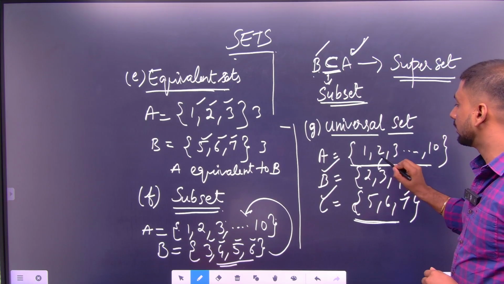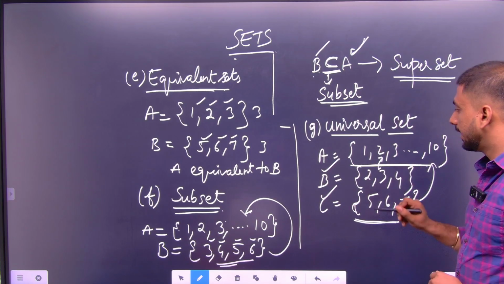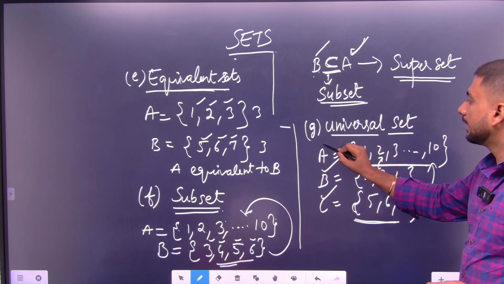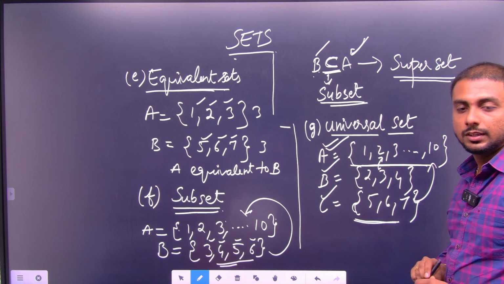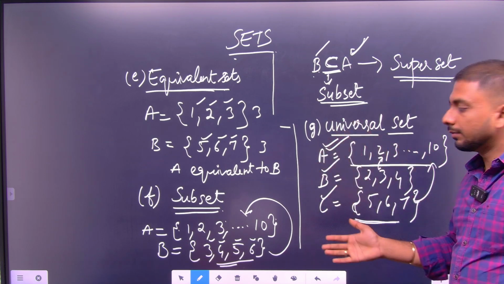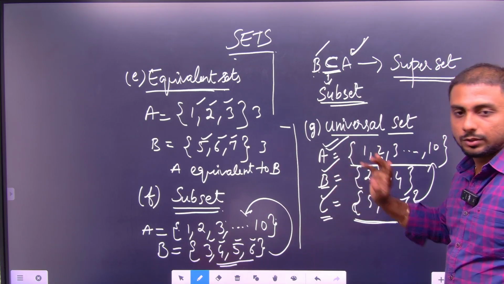The 2, 3, 4 also belongs to A, 5, 6, 7 also belongs to A, and hence it gives out A to be the universal set. Understood? It's a canopy that covers both these subsets. So, A becomes a universal set.